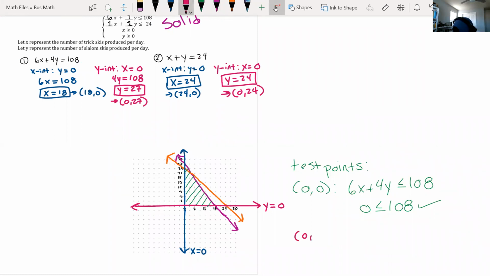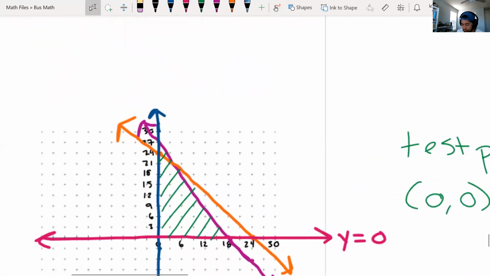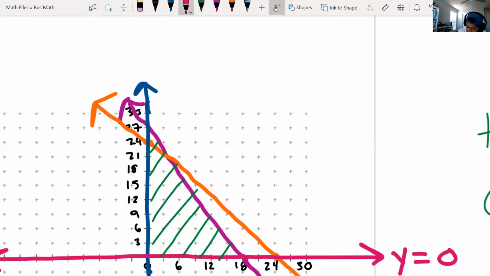So we'll have 0, 0 into x plus y less than or equal to 24. And we get 0 less than or equal to 24, which is again true, which means we're going to shade down on the orange line now. So shade down, down, down, down.